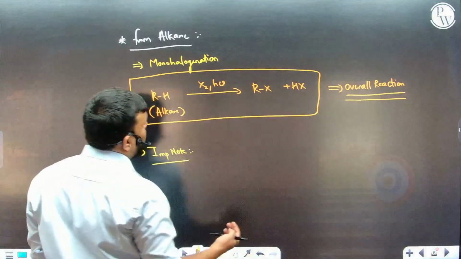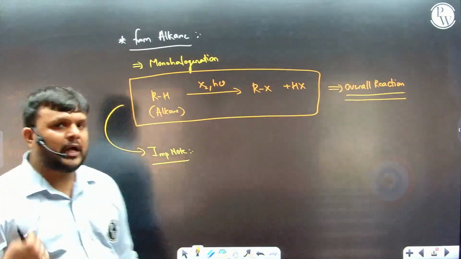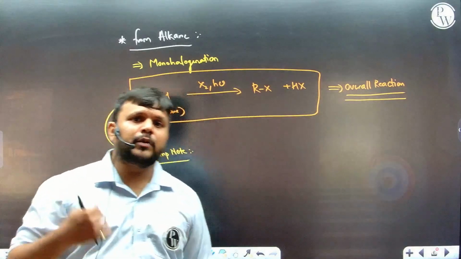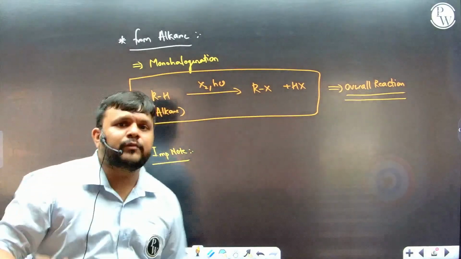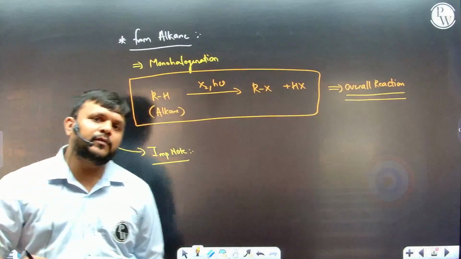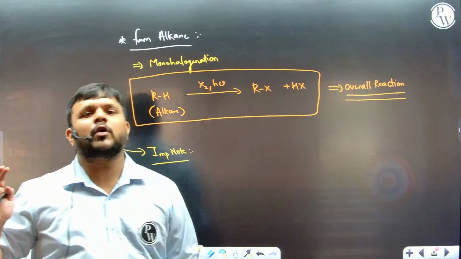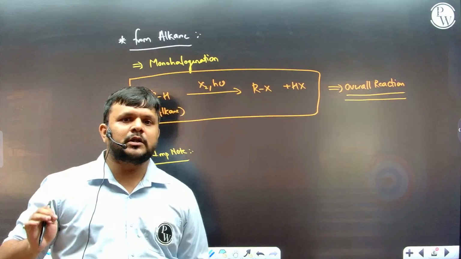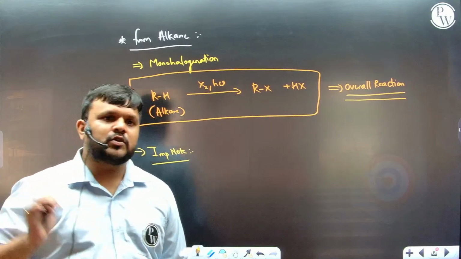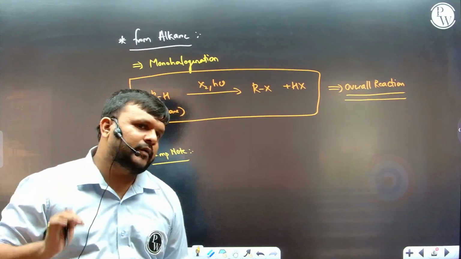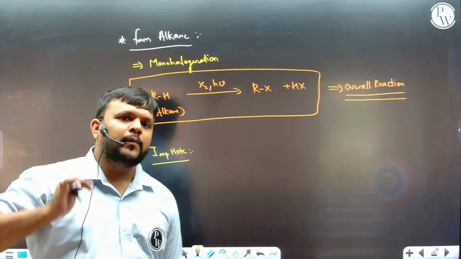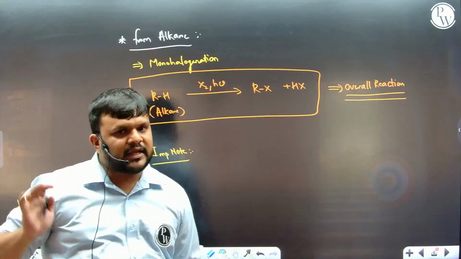So we had already discussed this in the hydrocarbon chapter, that the number of different positions of hydrogen which are present in the given alkane, that many number of isostructural isomers of haloalkane will be produced at the product side.